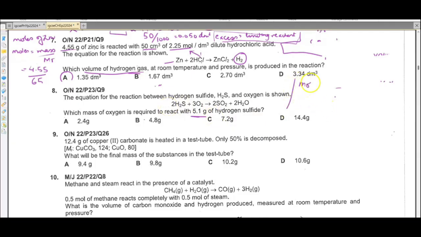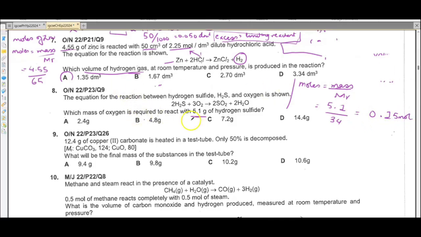So moles is equal to mass over MR. The mass is 5.1 and MR for hydrogen sulfide is 34, since for sulfur it's 32, and for hydrogen it's 2. So 32 plus 2 is 34. So this is going to give us 0.15 moles.